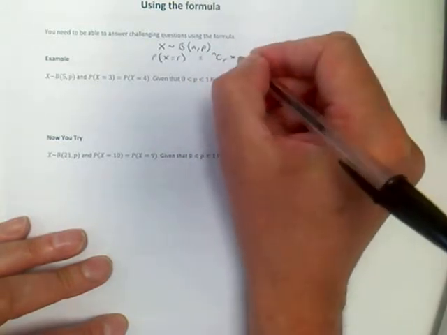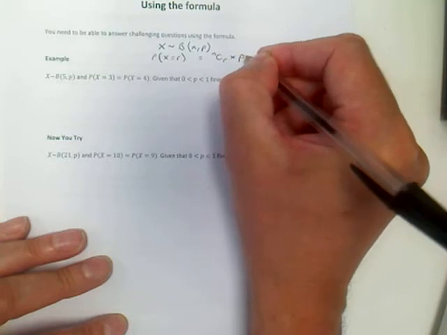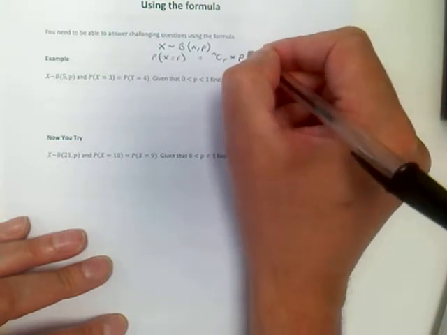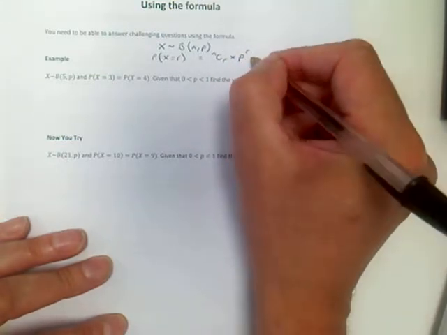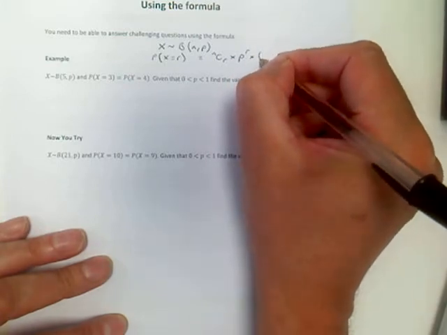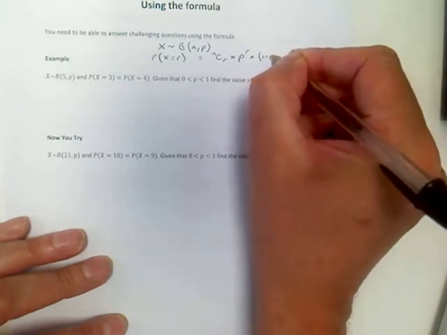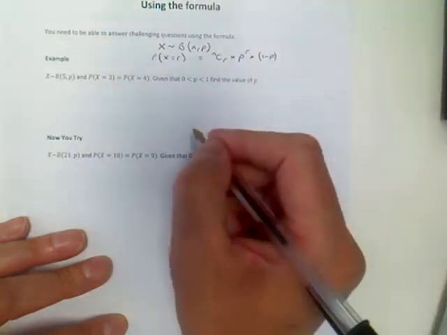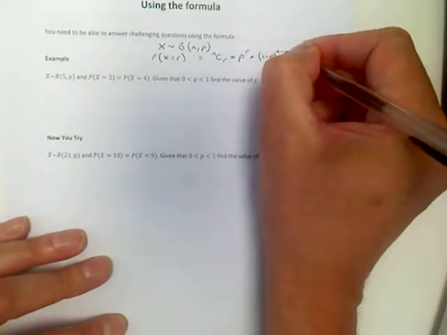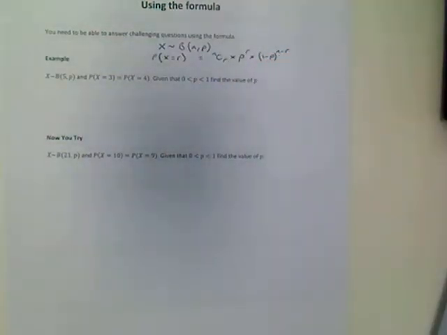So NCR multiplied by the probability to the power of R times the probability of it not happening, so 1 minus the probability to the power of n minus R. So that's what we need to know.